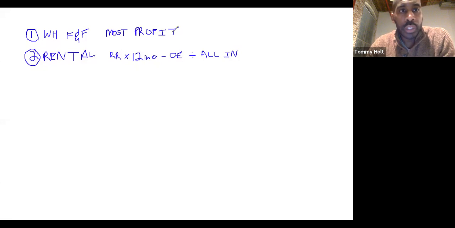So let's just say the same exact example up here, where for a fix and flip, I needed to get them down to $25,000, right? In order for this to be a deal. If I'm doing it for a rental, I might only need to get them to $40,000, because the $25,000 purchase up here, I'm going to have to put another $30,000 into it, not including my wholesale fee.